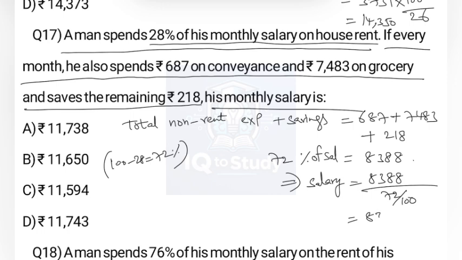That is equal to 8388 into 100 by 72, which is equal to 11,650 rupees.